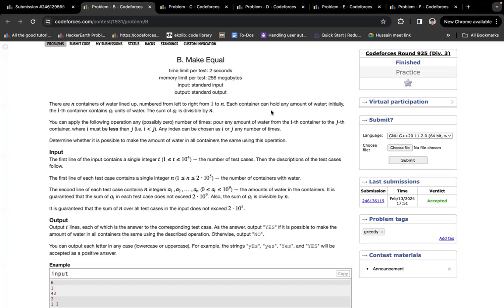Do let me know if it is not clear. But in general, if the water is fixed and you have to give the entire water, how much does each container get? It's W by N, right? Yes, W by N. But I am saying why should it be exactly W by N?